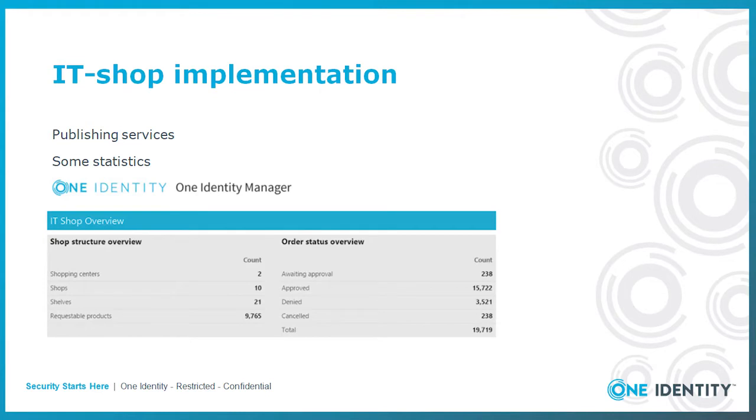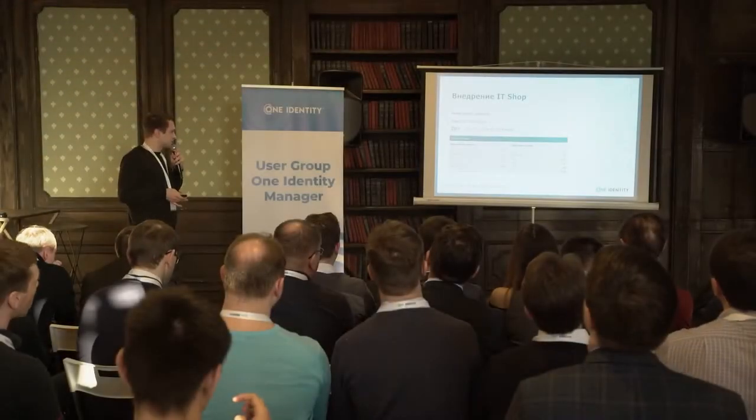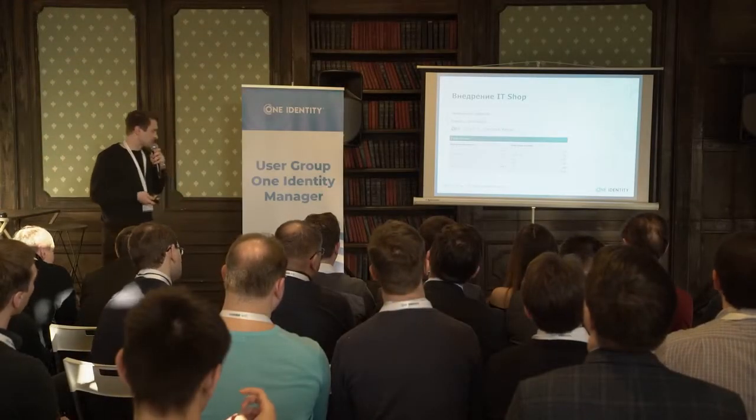The statistics show that we have 10,000 groups of access and roles and things which can be ordered. And we have almost 20,000 requests through the workflows and so on. So this means that the IT Shop in our company is used quite actively.